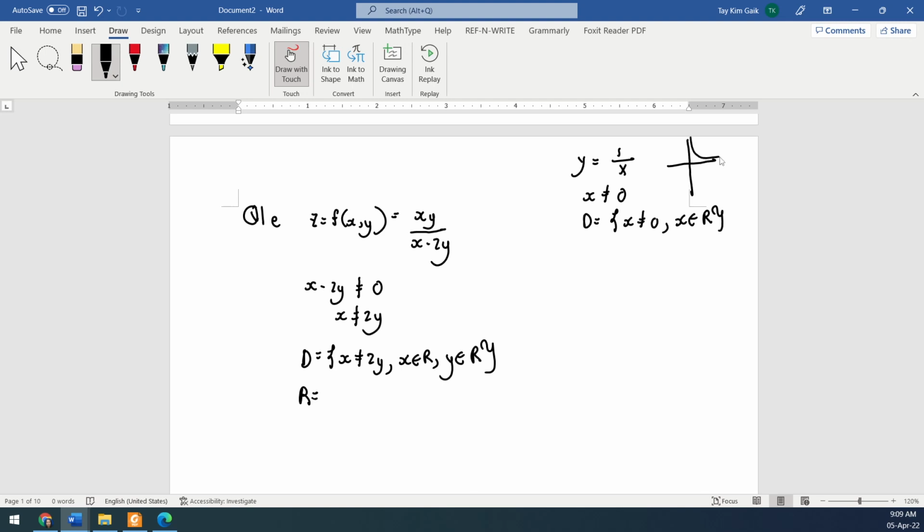Because x cannot be 0, when x is a very big number, 1 divided by big, you get a very small number. When x is a small number, 1 divided by a small number, you get a very big number. That's for the positive side, and when x is on the negative side, y also gets negative. That's why the graph is here. You see the range is actually y cannot be equal to 0, y never touches 0.